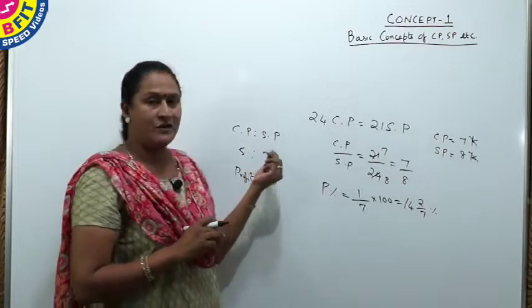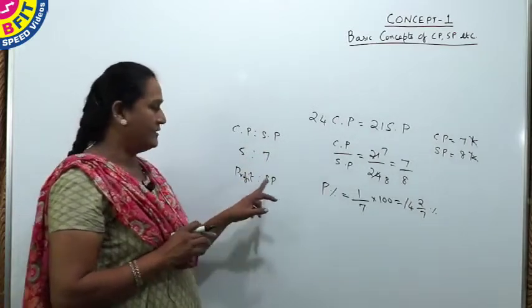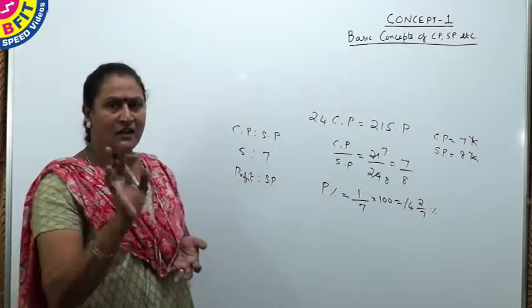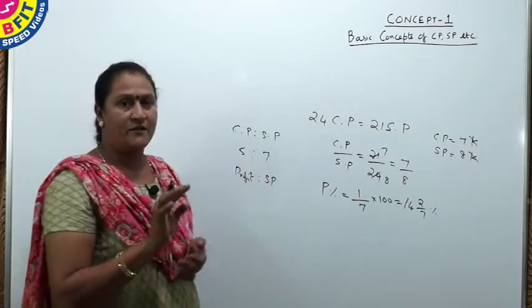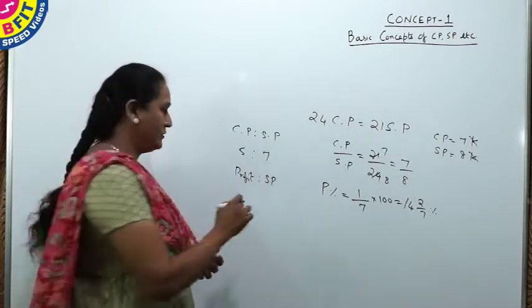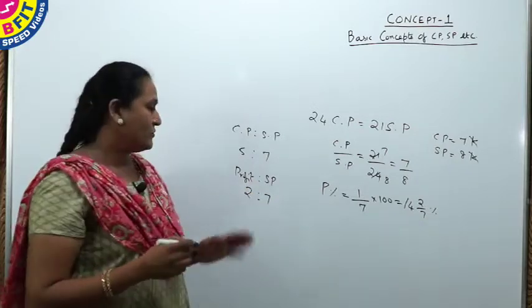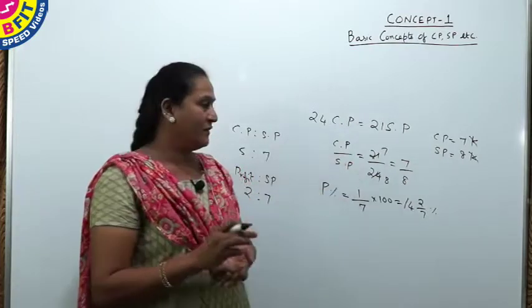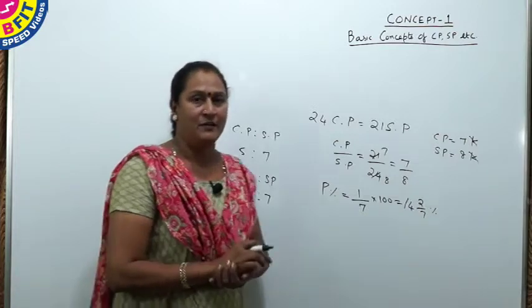Here one ratio is given, and if you are asked to find another ratio, that is the ratio of profit and selling price, this question was asked. Here no need to do any calculation. Assume the cost price is 5 rupees, the selling price is 7 rupees. What is the profit? 2. And what is the selling price? 7. So this is the answer. Getting the ratio, we can make the working simple. We'll see another example.